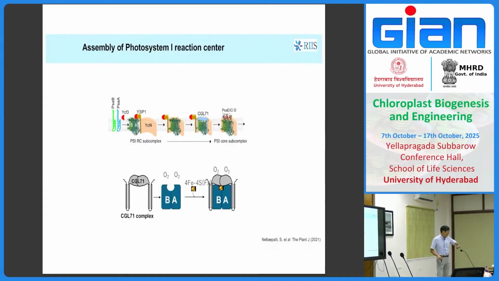So from this data, we speculate that when the two reaction center proteins PsaA and B assemble into the thylakoid membrane, as I mentioned, YCF3 and Y3IP1, two factors, are involved, and also CGL71 is required.